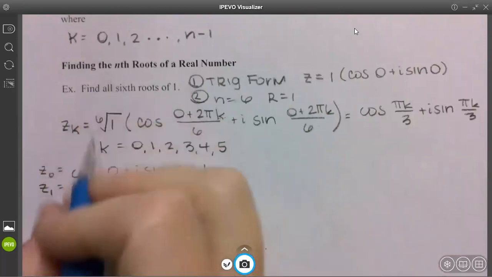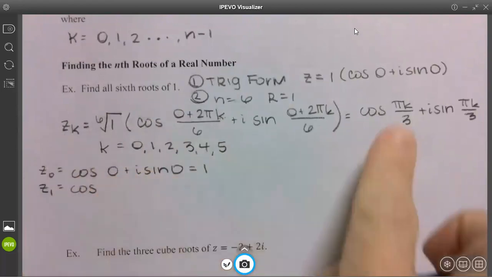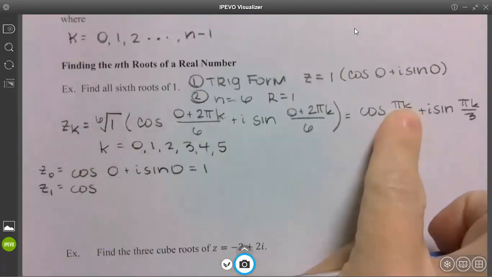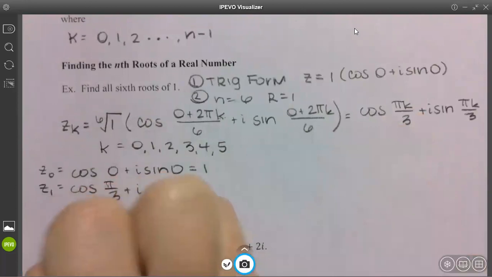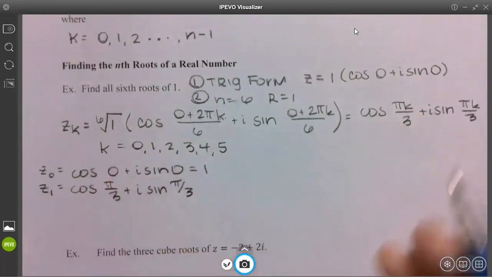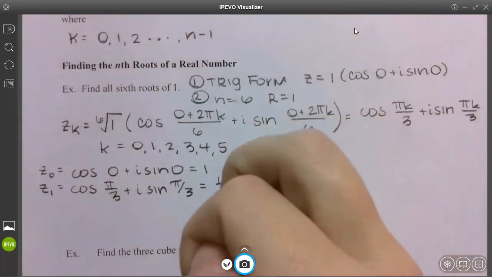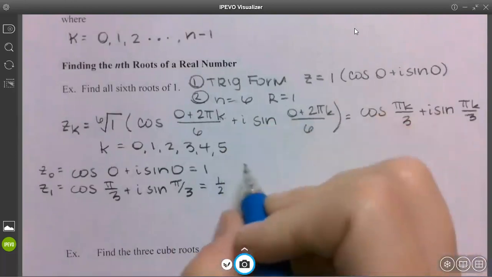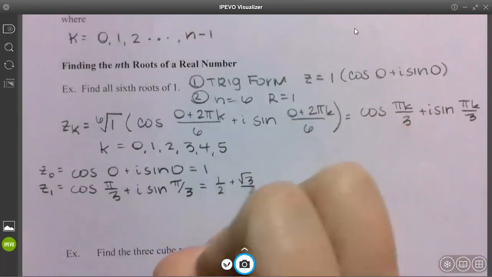So z1 is cosine, when we plug in 1 times pi, we just get pi over 3, plus i sine pi over 3. Cosine pi over 3 is 1/2, and sine pi over 3 is square root of 3 over 2.